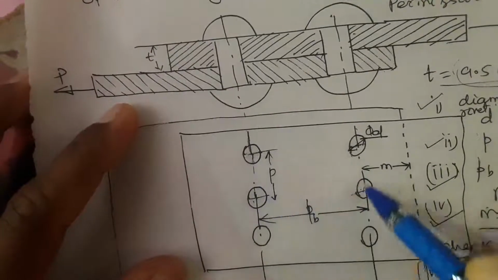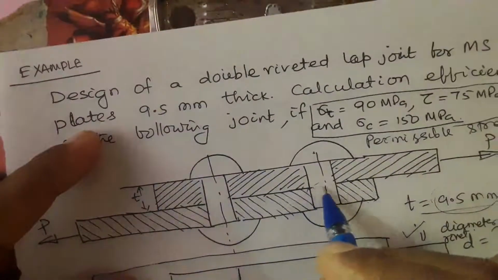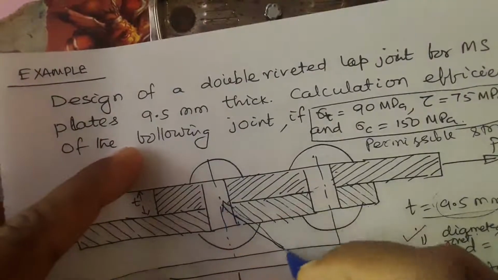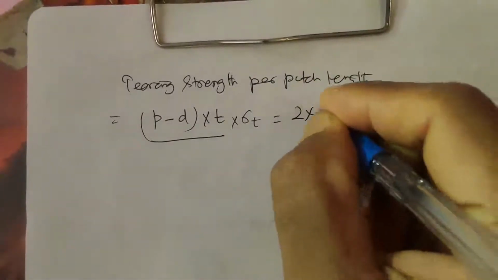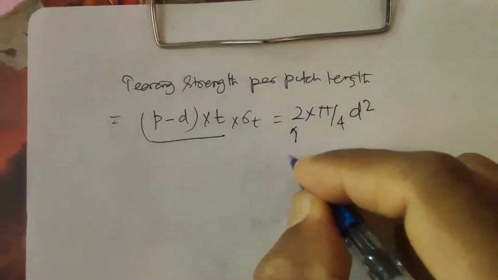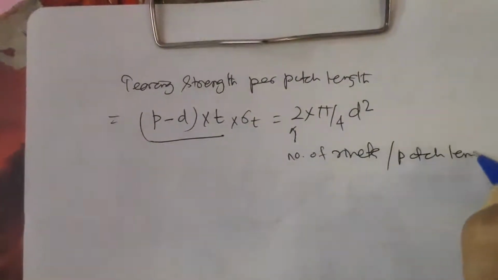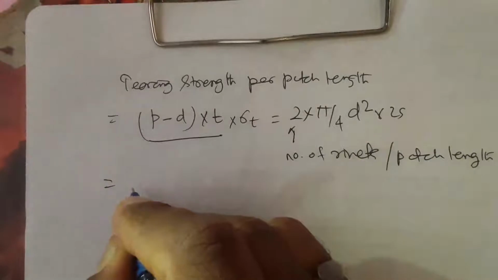Out of the 4 rivets, half is there, so half of 4 is 2 rivets, and they are in single shear. So as they are in single shear, 2 into pi by 4 into d square, where 2 is the number of rivets per pitch length, into tau s.